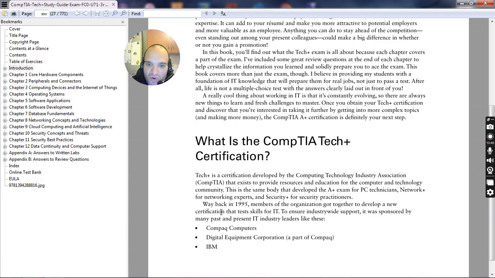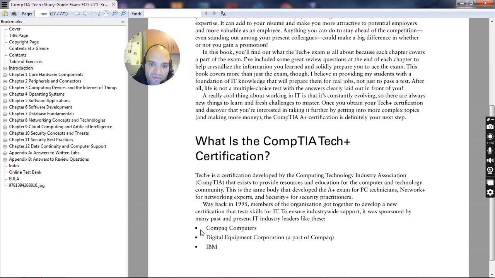To ensure industry-wide support, it was sponsored by many past and present IT industry leaders like Compaq Computers. So Compaq was a company that was manufacturing, let's say, laptop computers.